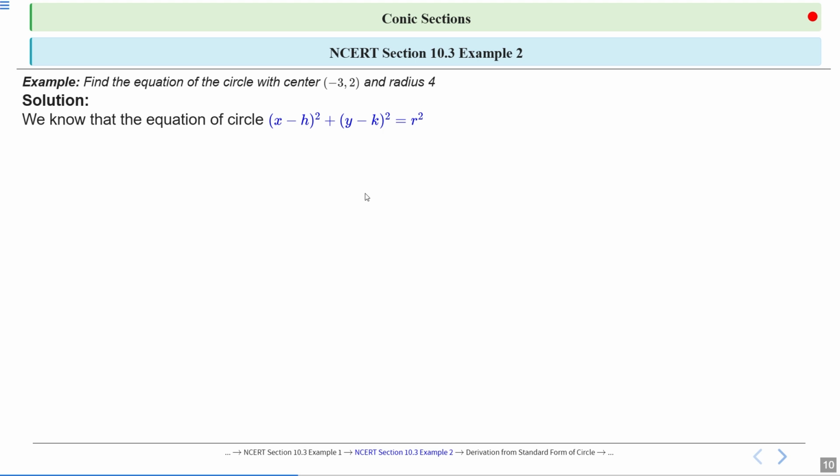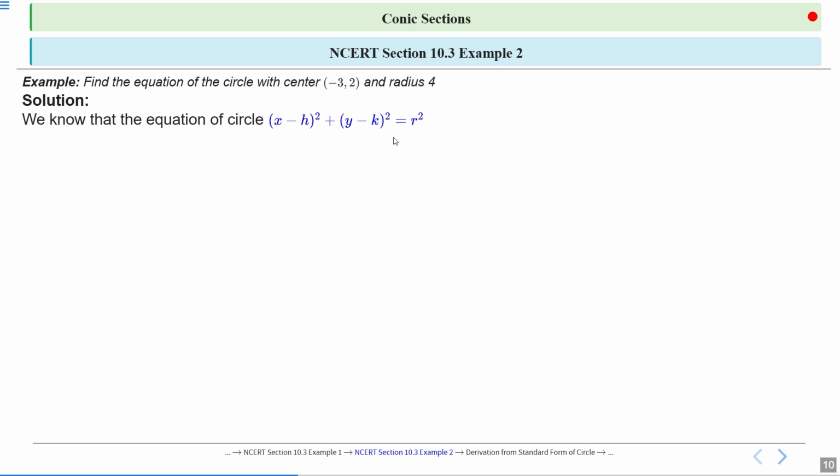Look at the example here. We are given the center of the circle, minus 3 comma 2, and the radius of the circle is 4. So just put the values of h comma k as minus 3 comma 2 and r equal to 4 in this equation. Then you will obtain the equation of the circle.